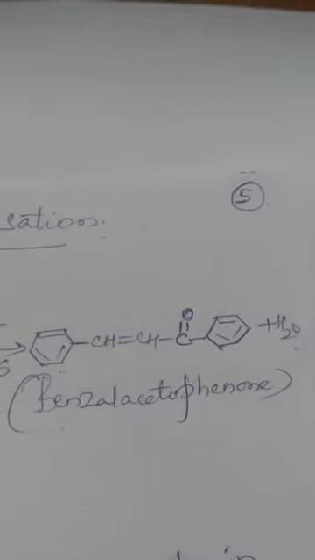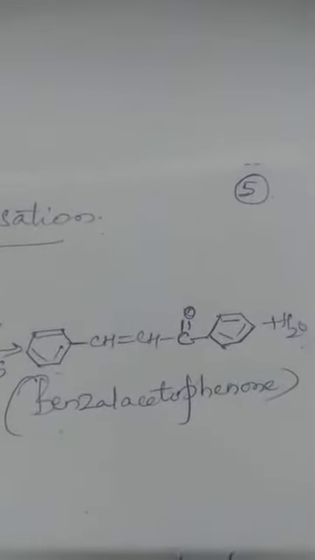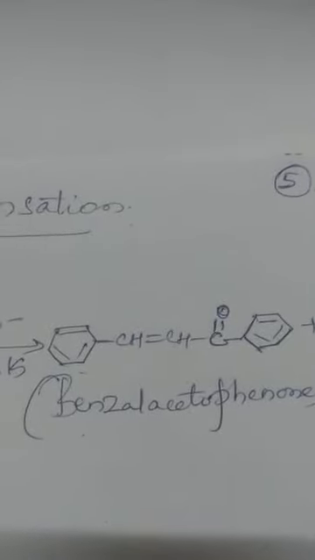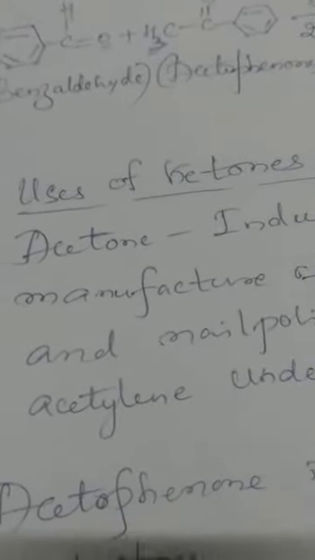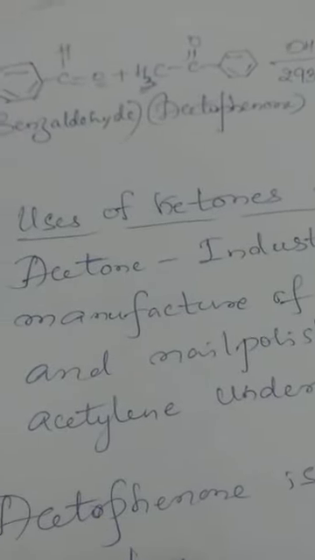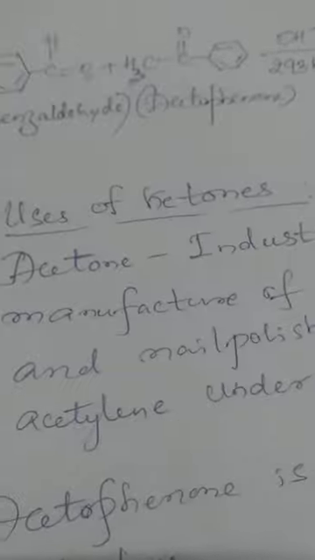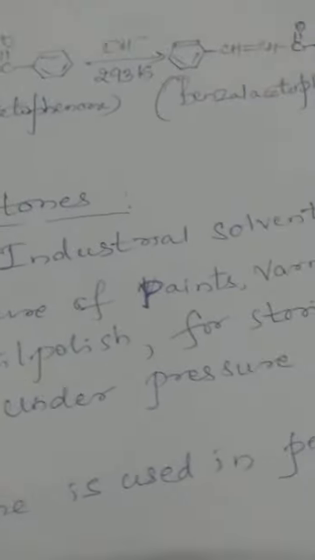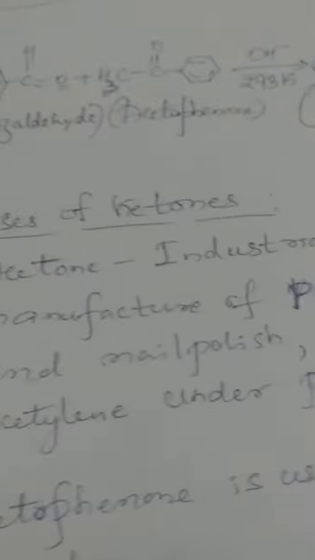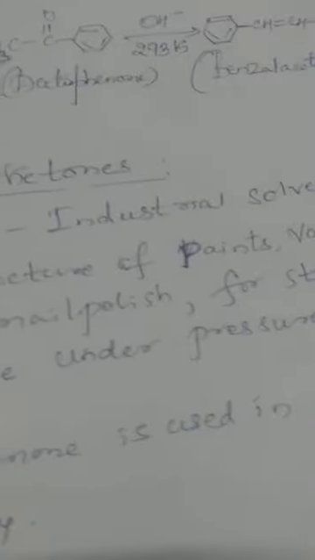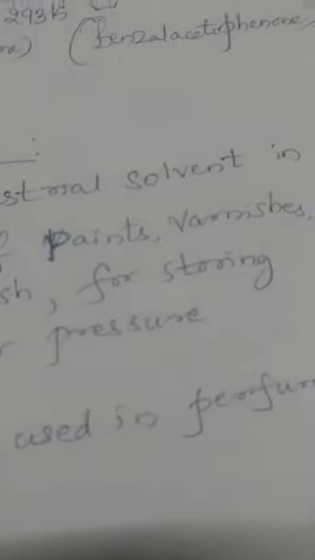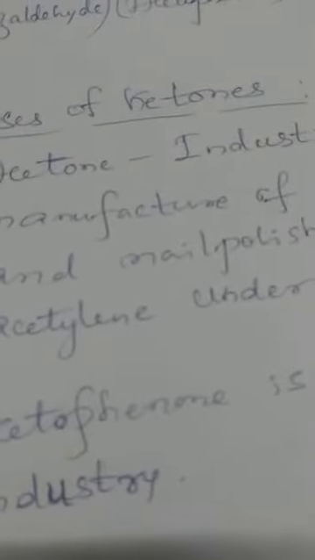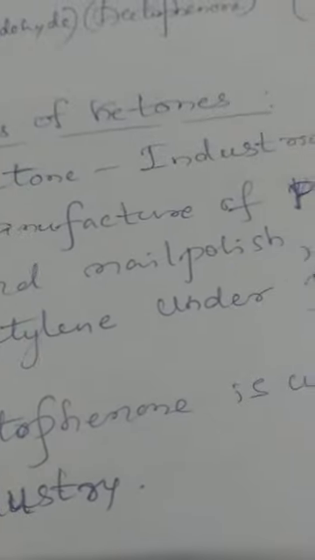So these are the different chemical properties of ketones. Now coming to the last part of ketones, that is to know some of the uses. The first compound is acetone. Acetone, or propan-2-one, or 2-propanone, is an important industrial solvent which is used in the manufacture of paints, varnishes and even nail polish. Another important use of acetone is for storing acetylene.